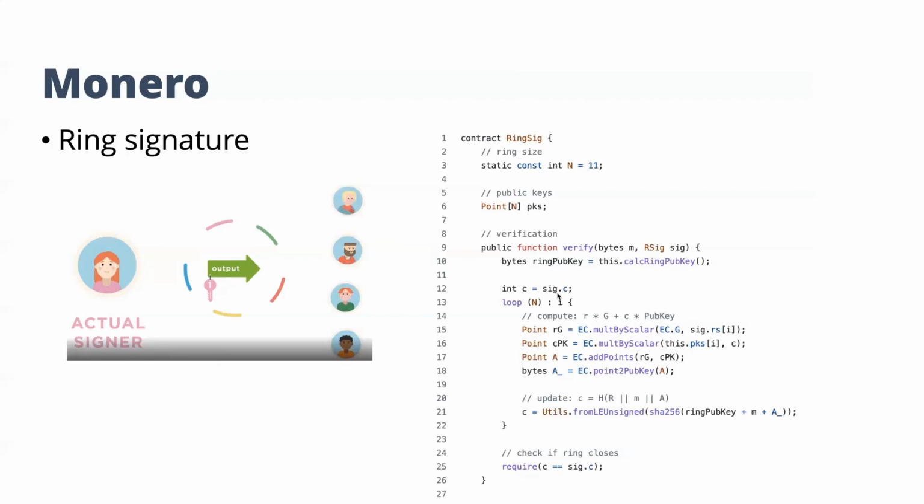The bottom line is, even if you use HD, for one public key there's only one private key that can generate a valid signature. But in a ring signature scheme, anybody in the ring can generate a valid signature. With HD, the ring size is one, but here you can have multiple people in the same ring. That's another way to think about it.